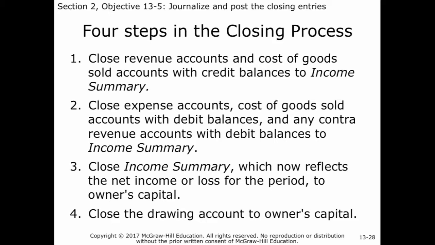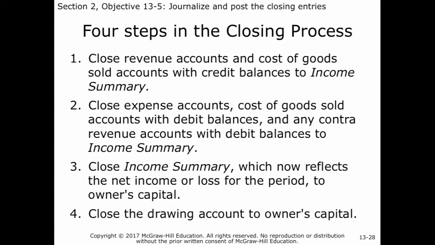And we will use the same 4 steps in the merchandise's closing process that we discussed before. So we will close revenue accounts and the cost of goods sold accounts with credit balances to income summary. And then next we will close the expense accounts, cost of goods sold accounts with debit balances, and any contra revenue accounts with debit balances to income summary.